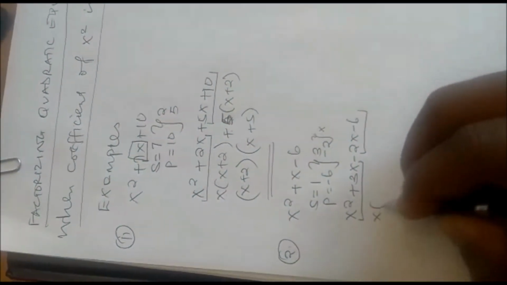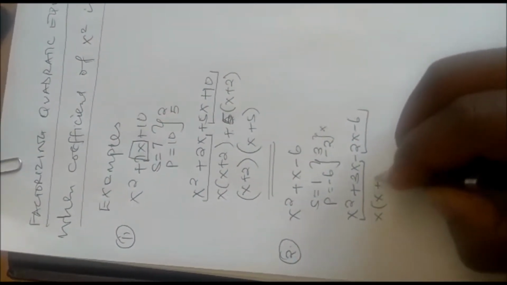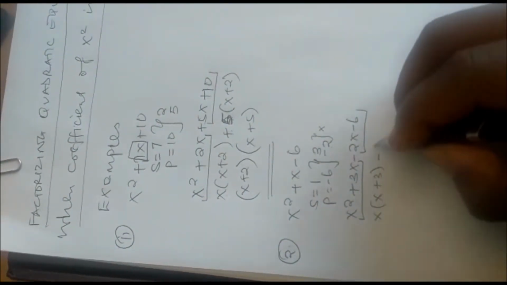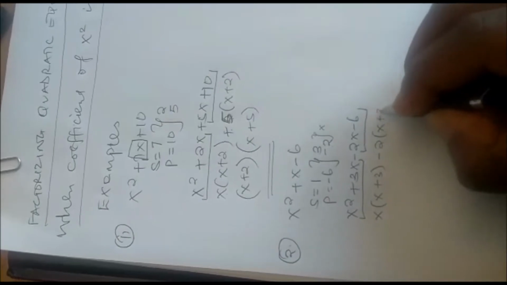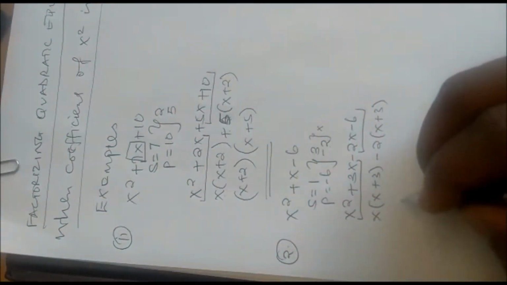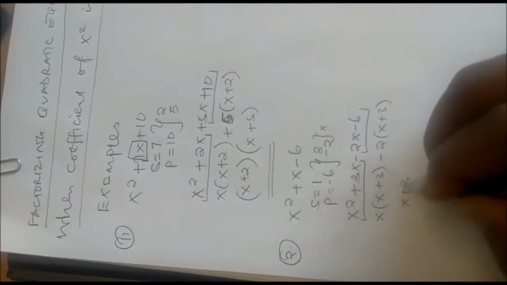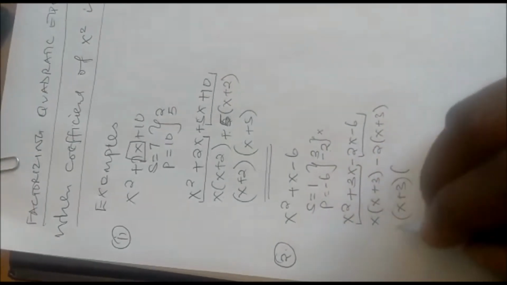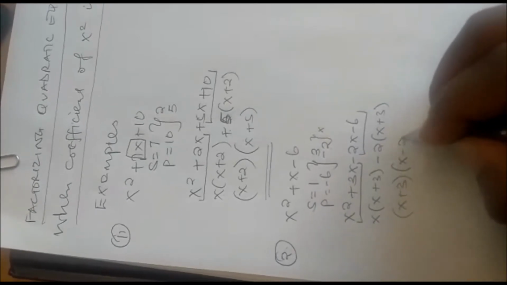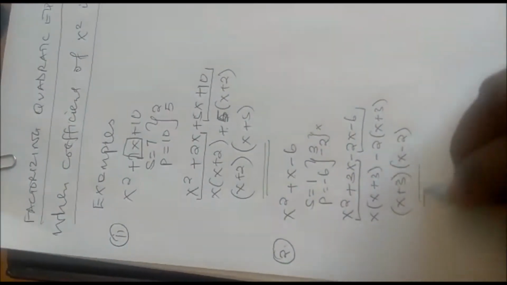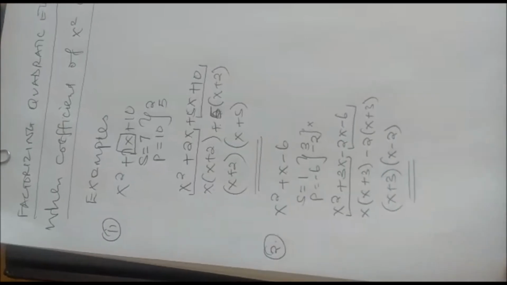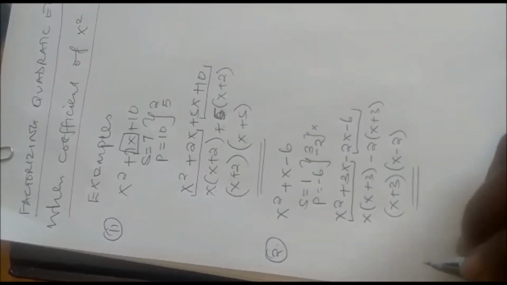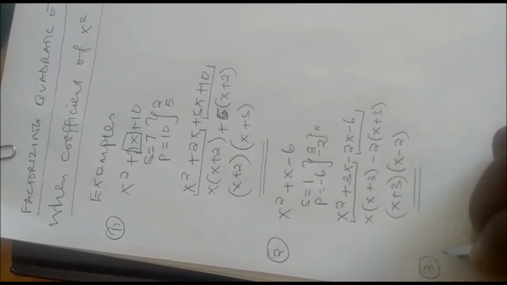Here we have x being common, so this will be x into x plus 3, minus, here we have 2 being common, so it will be 2 into x plus 3. Then this gives us x plus 3, which is the common factor between the two. And in the second bracket, we have the x and the 2, giving us our quadratic expression factors.